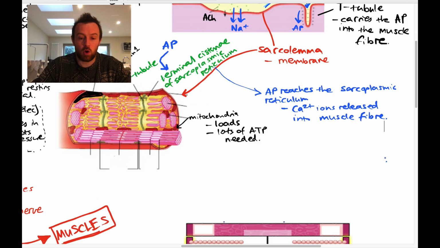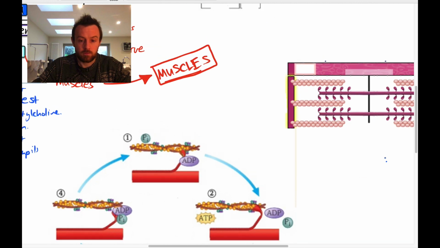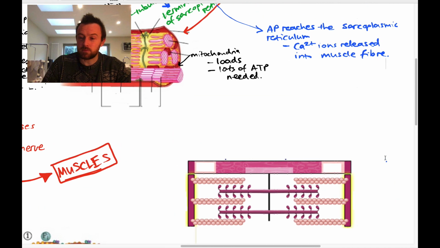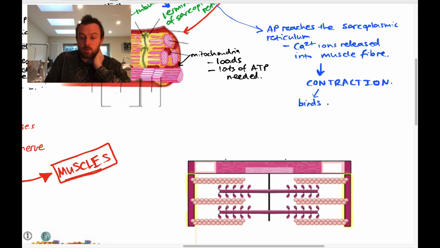Okay, and that is what causes contraction. Contraction, and we're going to talk about that a little bit later, but it binds to troponin.